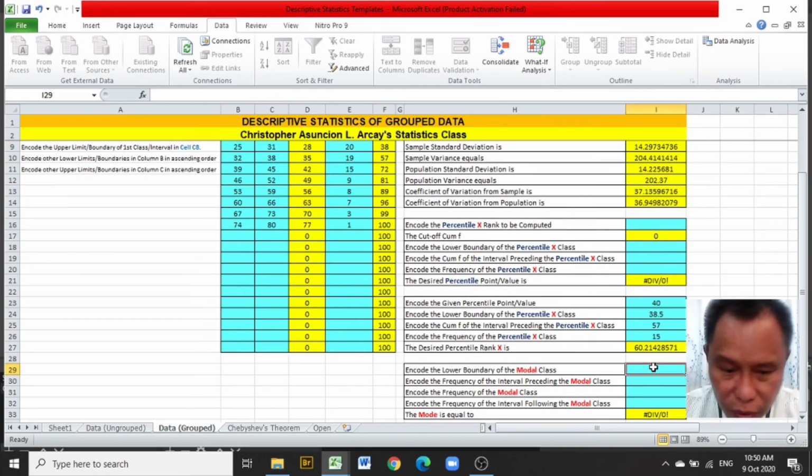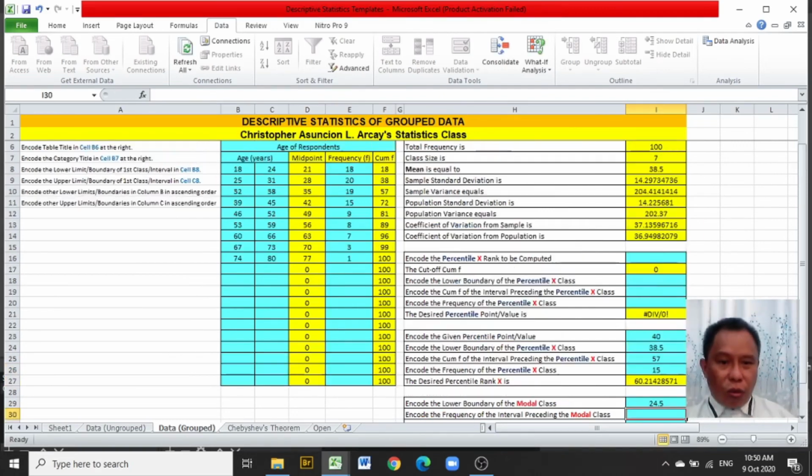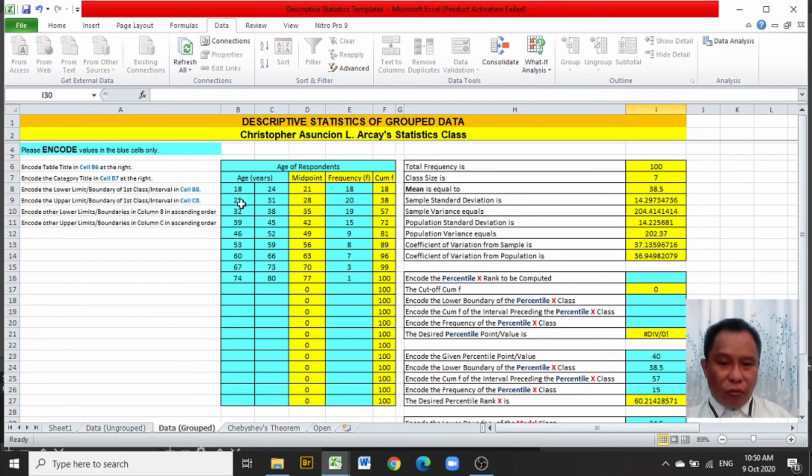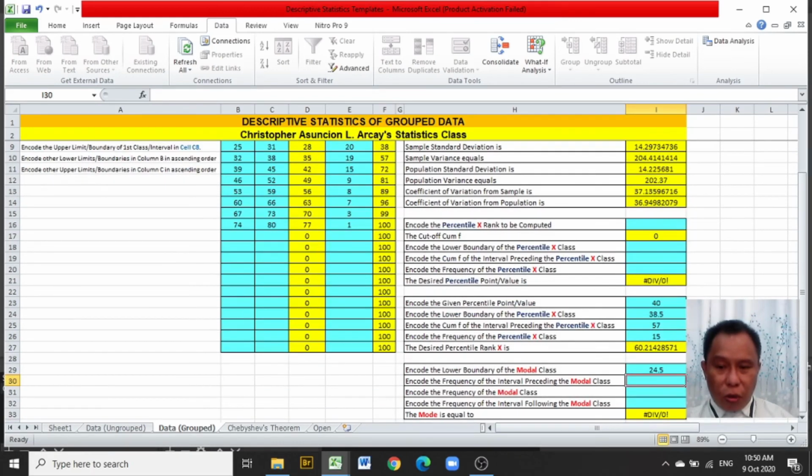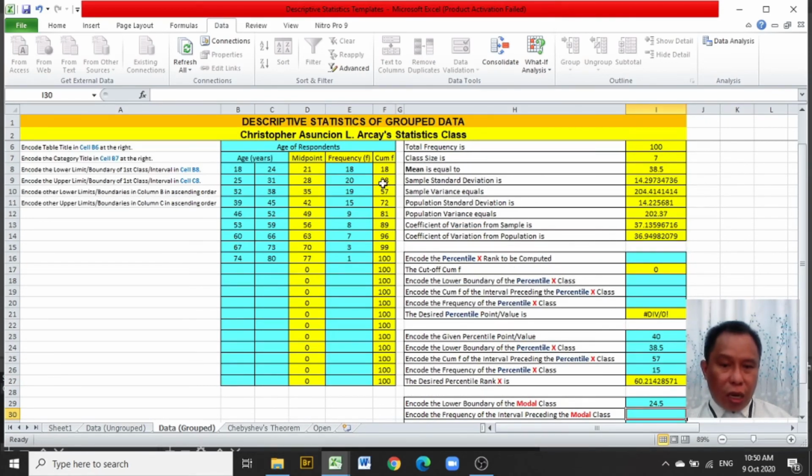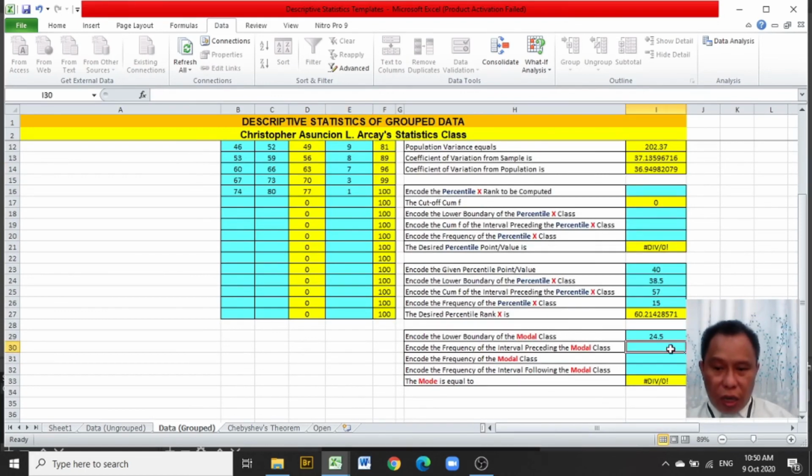24.5, since 25 is subtracted by 0.5. The next to be computed is the frequency of the interval preceding the modal class. Since the modal class has a frequency of 20, the frequency of the interval preceding it is 18, so encode 18.